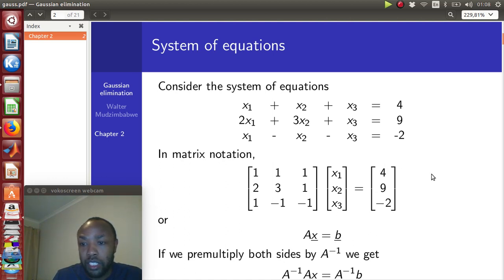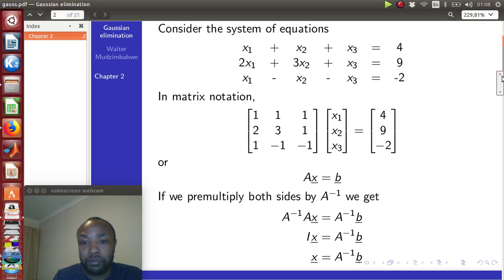Okay. Now if we pre-multiply both sides by the inverse of A, this is what we get. And when we simplify, we get the identity here, because we have seen that if we multiply A times its inverse, then we get the identity. Okay.